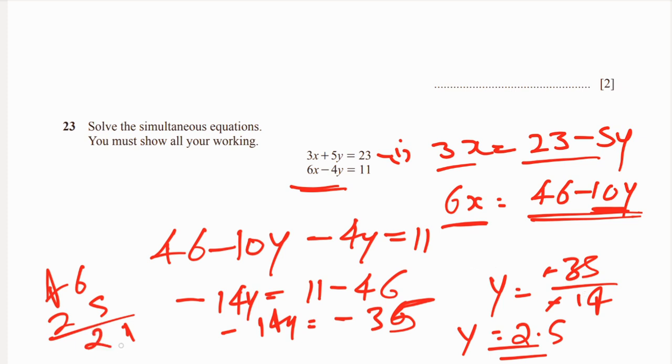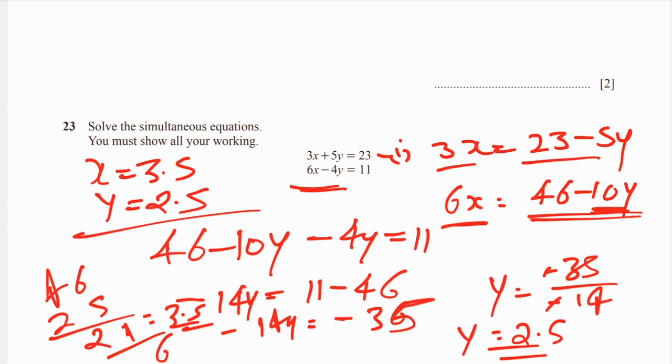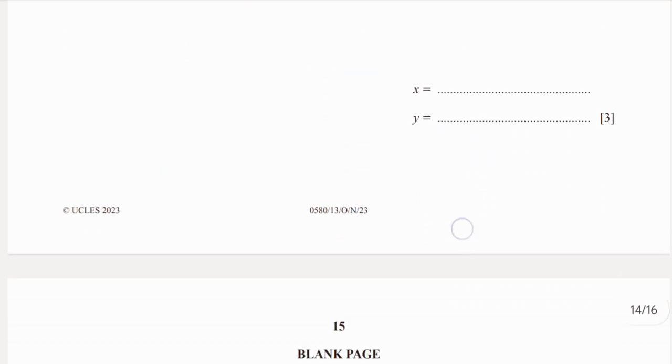This is divided by 6, so this is around 3.5. 21 divided by 6 is 3.5. So x is 3.5 and y is 2.5. Okay, the calculation I did randomly, so please understand the proper way, but we can solve this question in such a way. Next question.